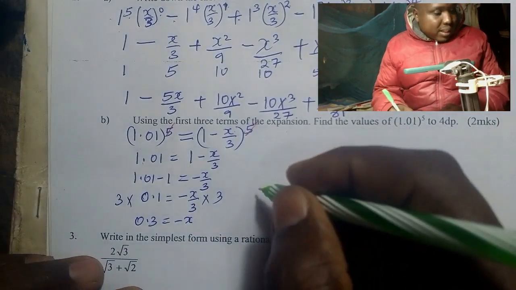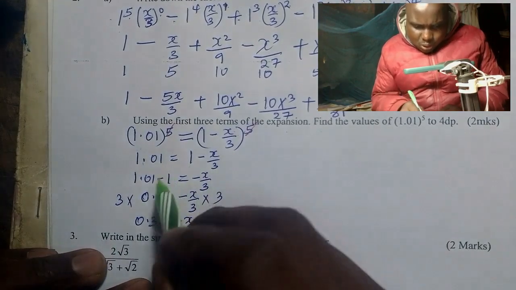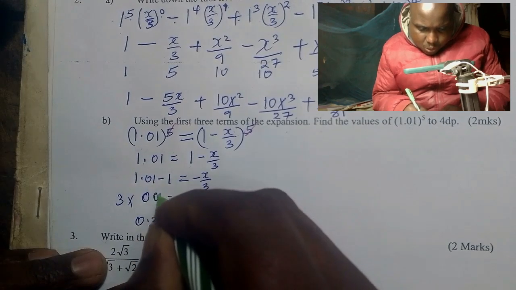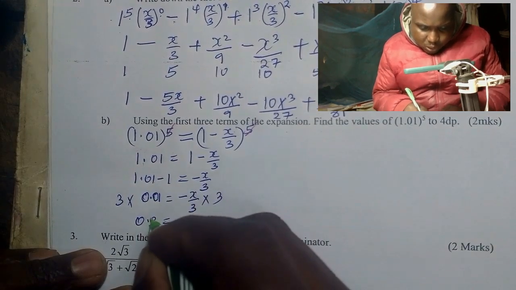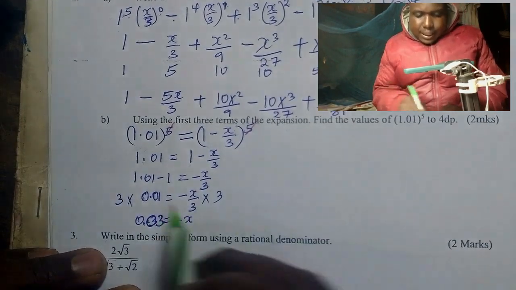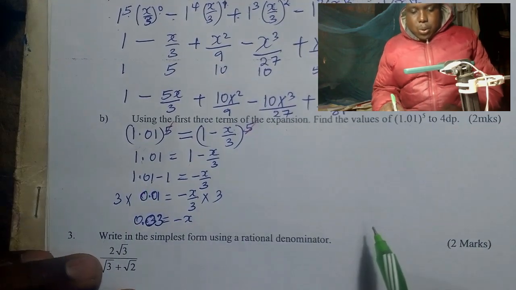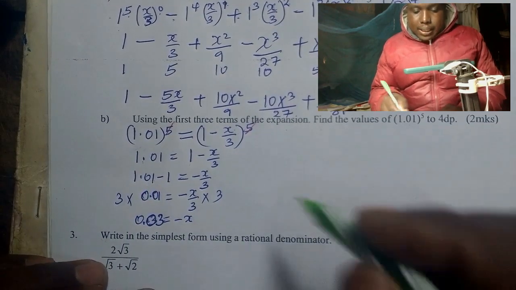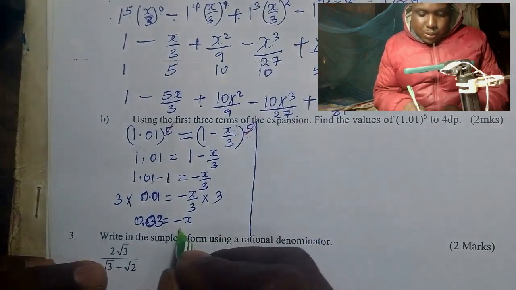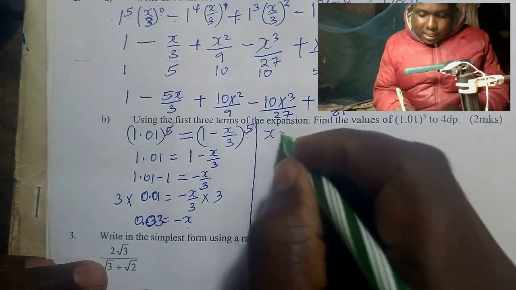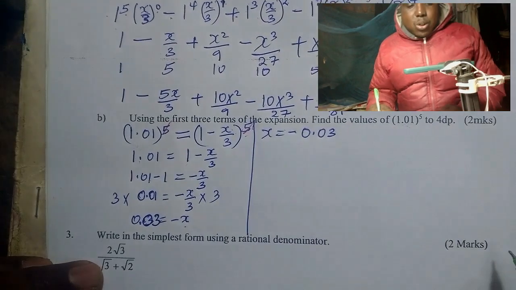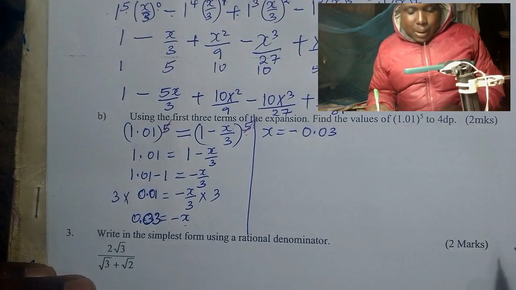We don't want negative x, we want x, so you divide by negative on both sides, so x is equal to negative 0.03.